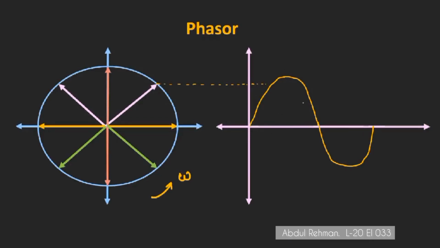If we plot all the possible values of this phasor, we can reproduce the sinusoidal signal. Now let's see how we can represent this phasor on a phasor diagram.